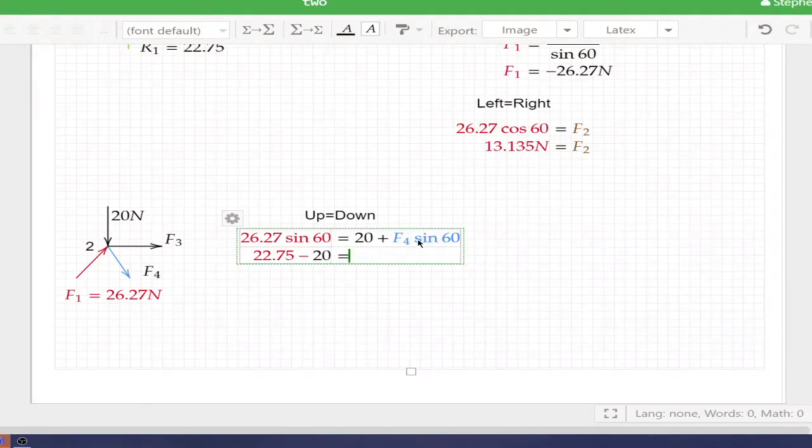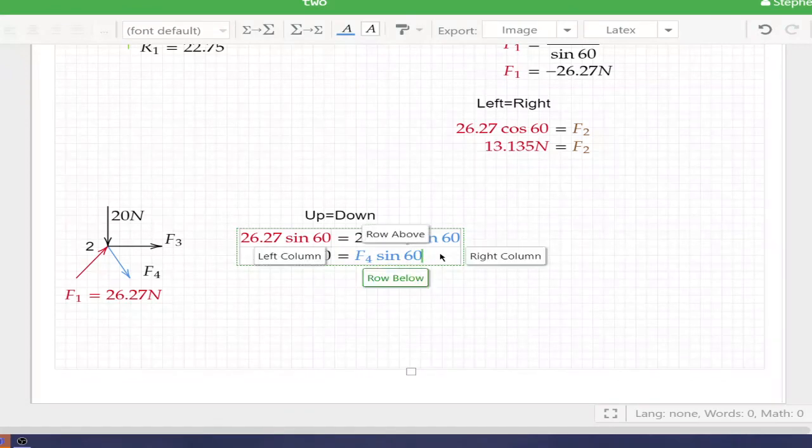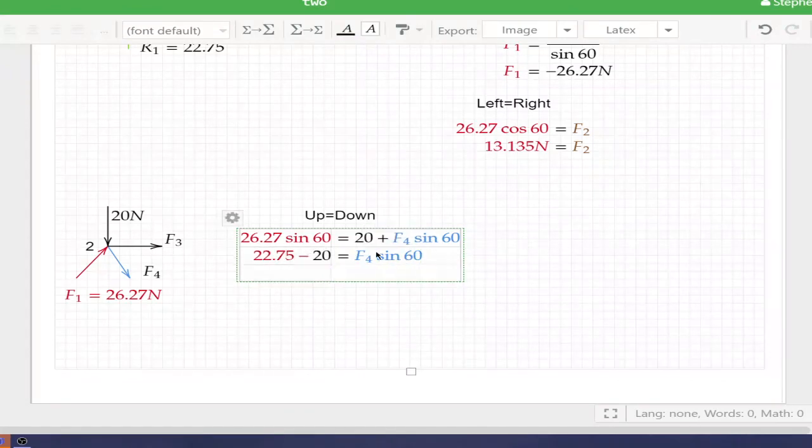Okay, so we can move our sine 60 over to the other side, so we divide by sine 60. So let's just copy that, and we'll do that in a new row. So in the next row then, we'll bring the sine 60 over, and we'll also subtract the 20 from here, and we'll see what we get.